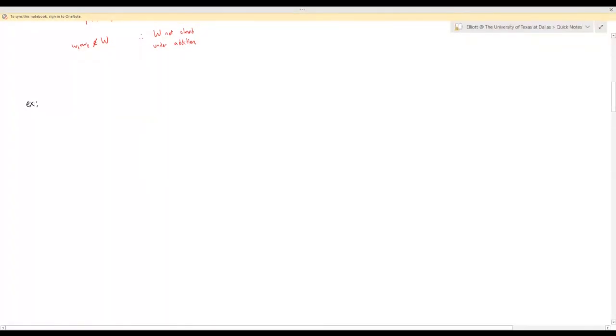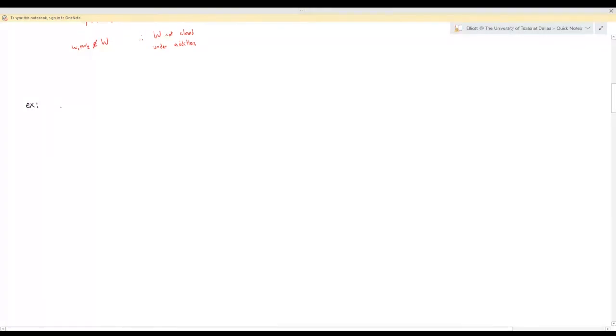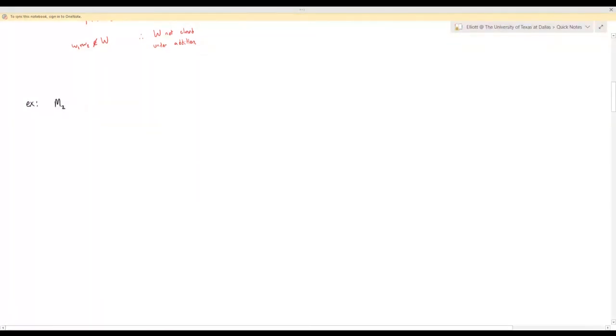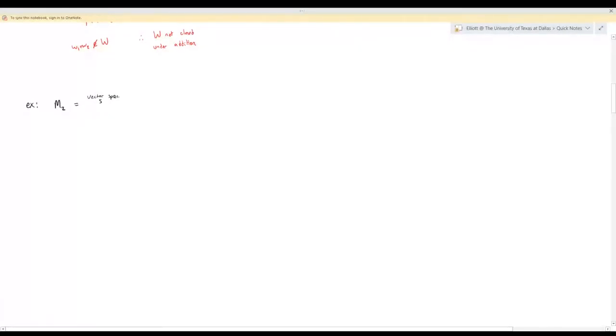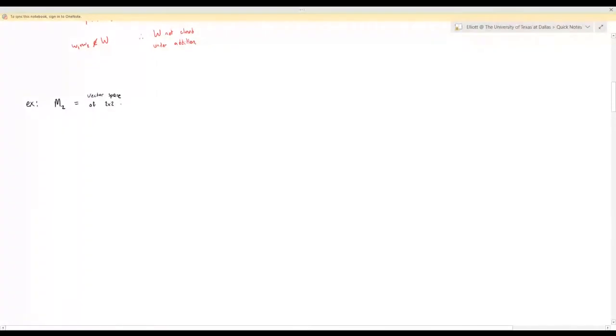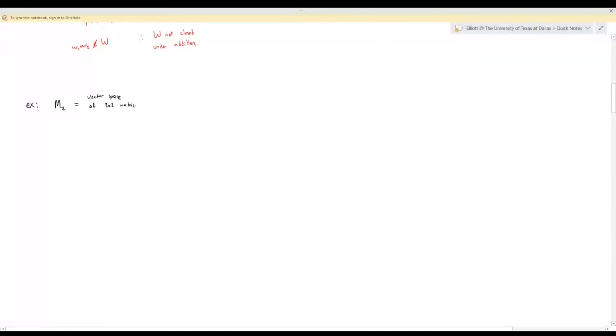So I did an example like in R3, but let's do another example in a different vector space. Let's consider the space of 2 by 2 matrices. I'll use M2 to denote that, the vector space of 2 by 2 matrices.